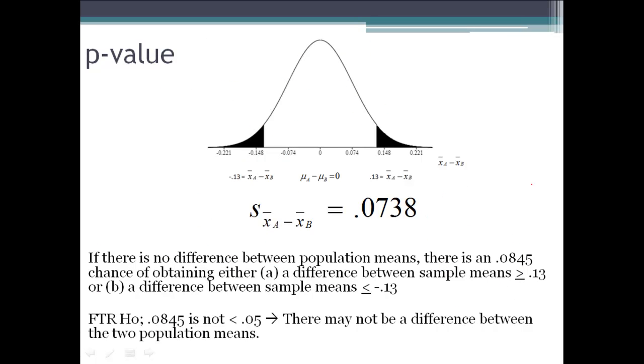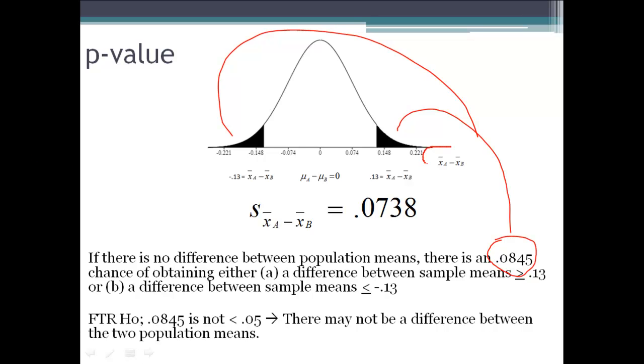Okay, here's our p-value, and our p-value turns out to be 0.0845, which, since I have a two-tailed test, is the total area in the tails of the distribution. Let's also go ahead and look at how we have this thing labeled. The statistic, x bar A minus x bar B. The hypothesized parameter, and this is why I, instead of just saying mu A equal to mu B, that's why I restated that as mu A minus mu B is equal to 0.